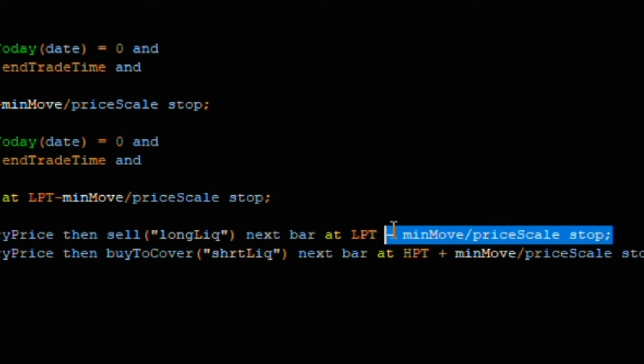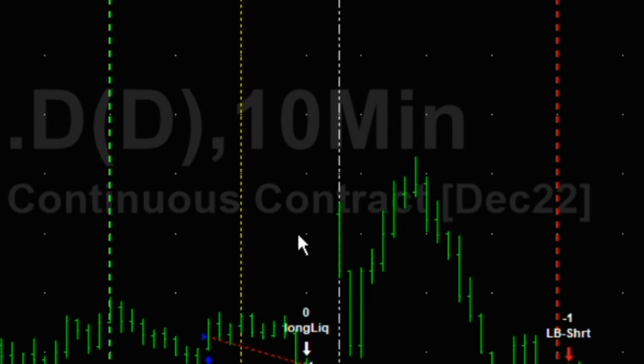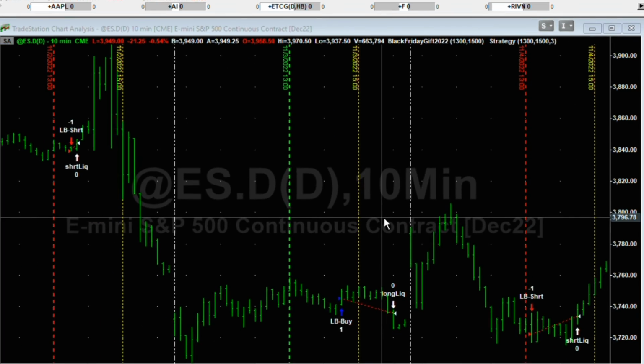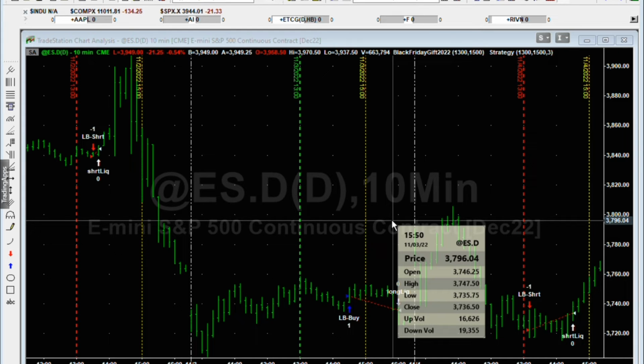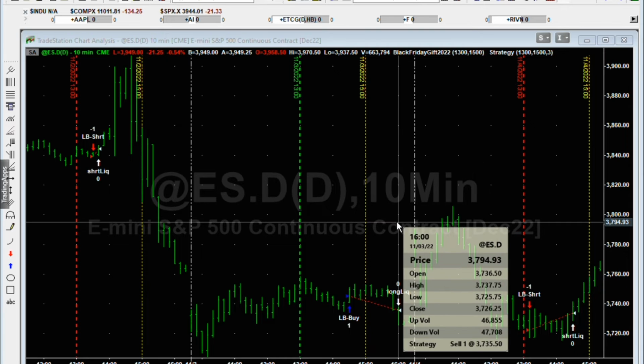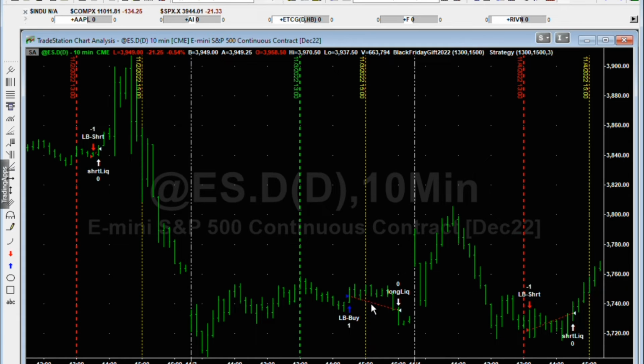Then it's LPT min move minus price scale on a stop. Let me examine that. You know, the system was right. I was looking at the close. The low of this bar here is 37.3575. We should be getting out at 37.3550, 1 tick below the low. 37.3550. So it is doing exactly what we want it to do.